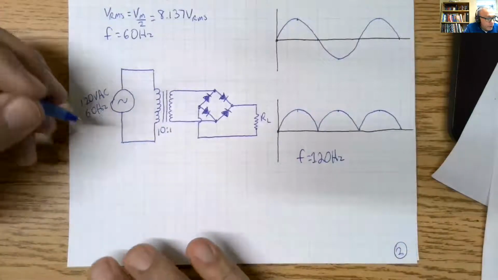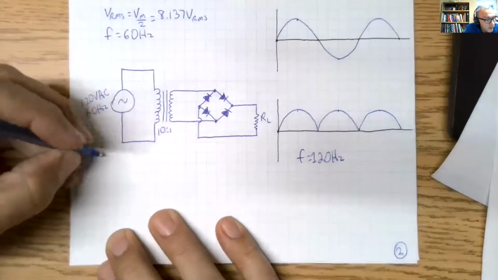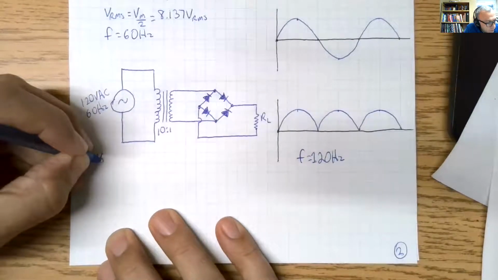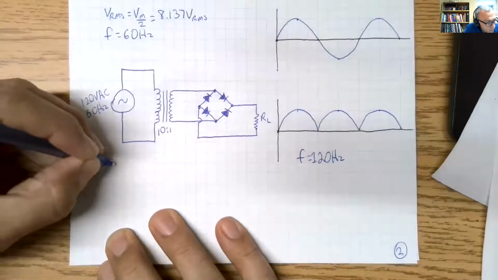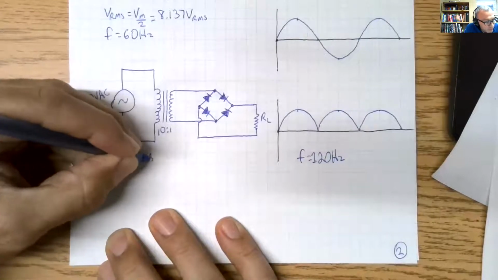And what we have here now is an incoming VRMS of the secondary. VRMS of the secondary is 12 volts AC.